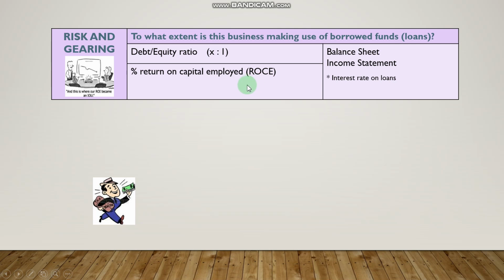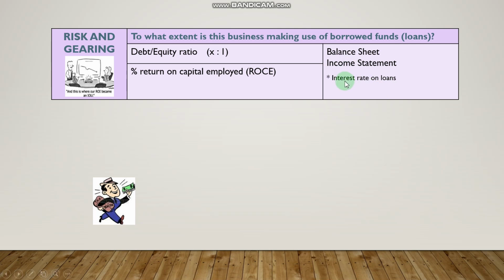Now to break that down further, positive gearing is when my return on capital employed is greater than the interest rate on loans. To put it into a more practical example, if I am paying interest at 12% per annum, but I managed to get a return on capital employed of 17%, so the 17% being greater than the interest rate on the loan, that's an indication of positive gearing.